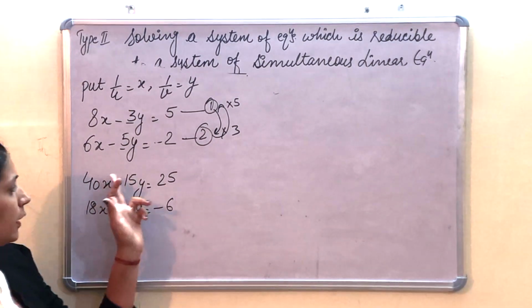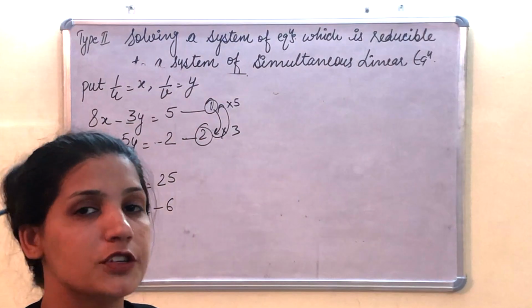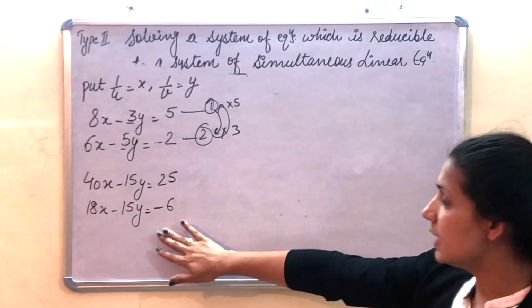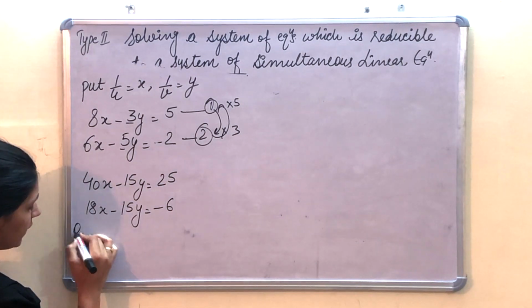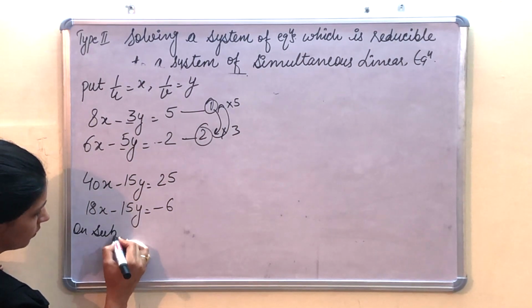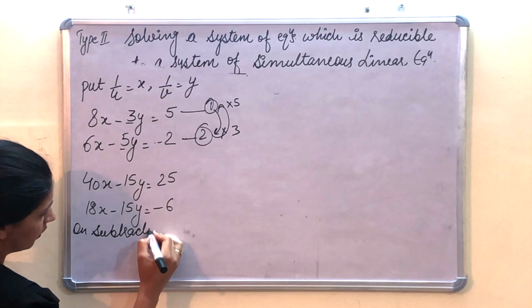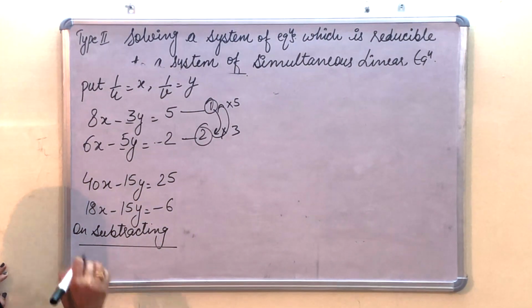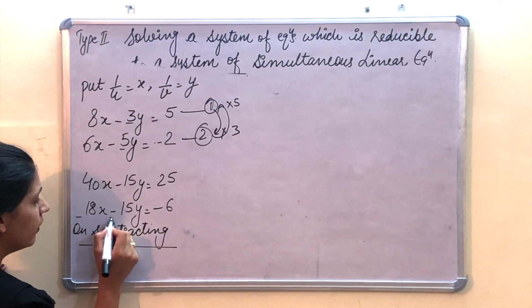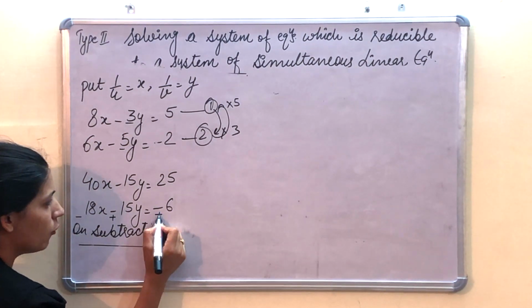But here both the coefficients of the y have the same sign. So what we do? Subtract. So on subtracting, what will be our answer? That we have to change the sign first. It is of negative, it is of positive, it is of positive.